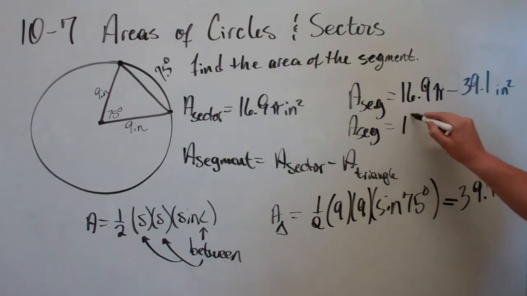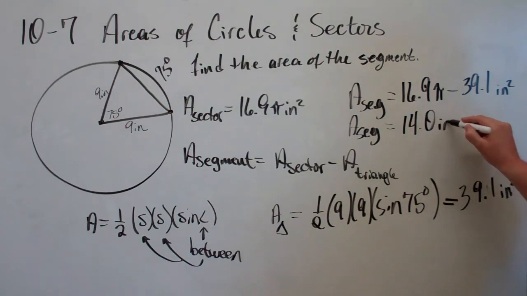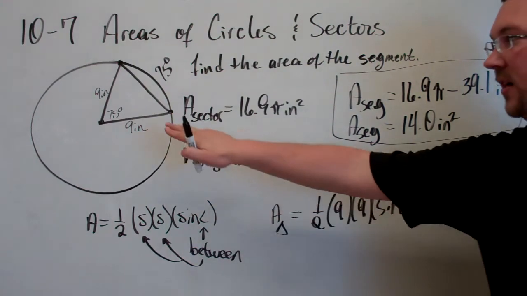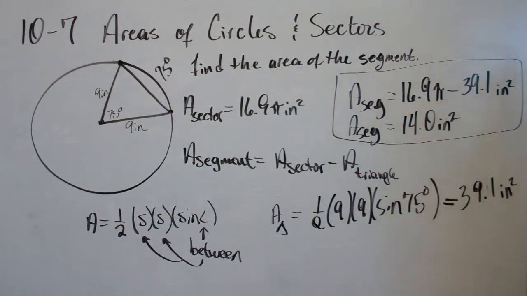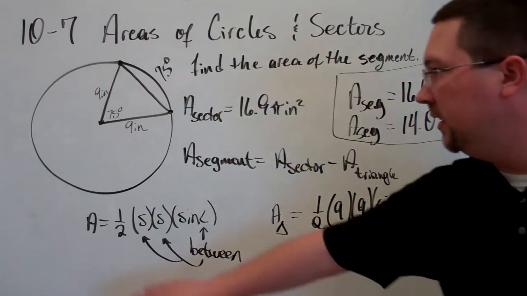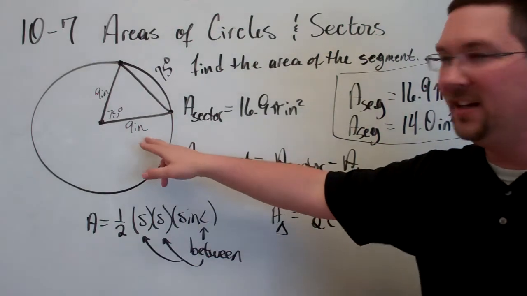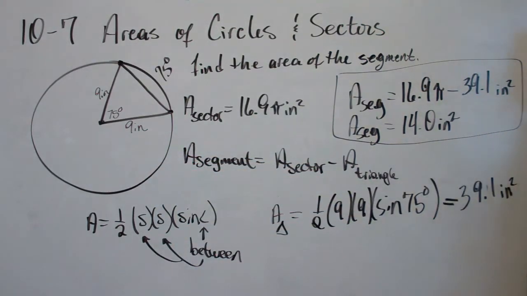Rounded to the nearest tenth, you're going to get 14.0 inches squared. So now we have a super easy way to find the area of this triangle, and the cool thing is, when they give you this circle, in order to do this, they got to give you the radius of the circle.